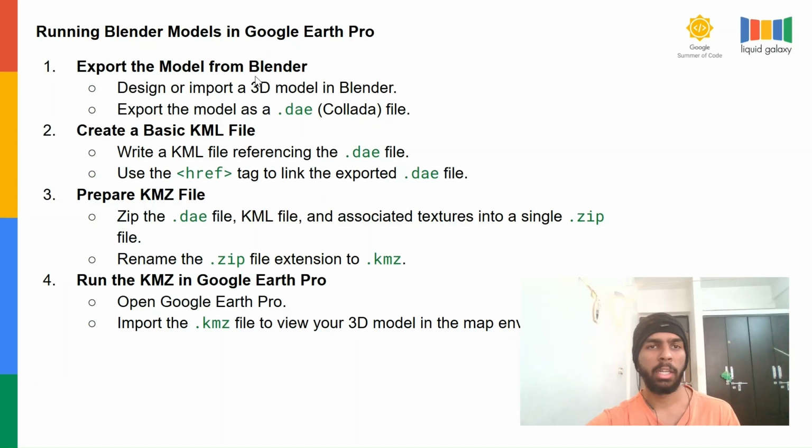You make the 3D model on Blender, export it as a .dae file, make a KML file, and use href to link to the exported .dae file. Then you zip it, the .dae and the KML file. Rename the .zip file to .kmz file. Okay, and then run that .kmz file on your Google Earth Pro.